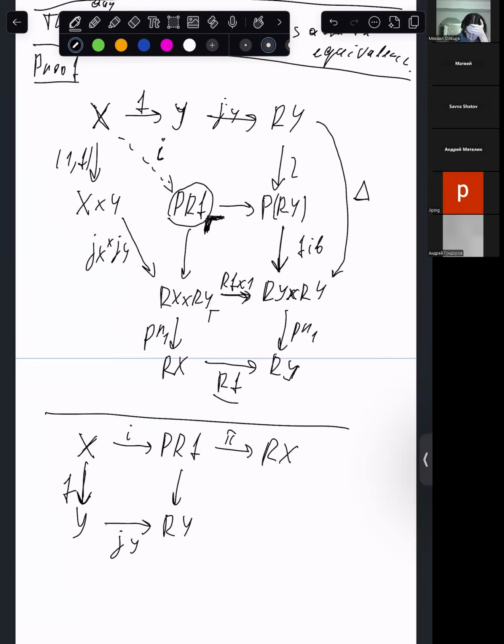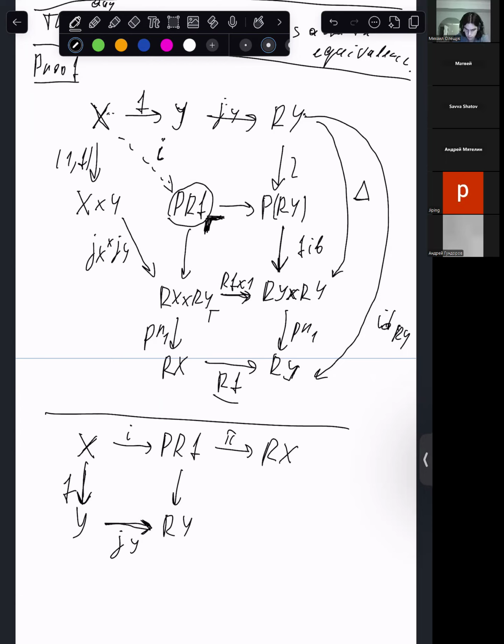F composed with JY commutes because this one is identity, because it is a diagonal map followed by projection.